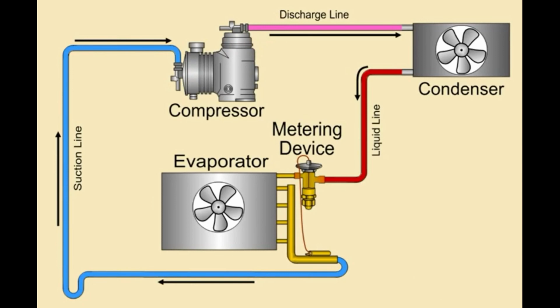Back in the day, when air conditioners were coming out, they had what was called a cap tube system. So I want you to take a look at where the metering device is and think of 4 or 5 tubes, just depending on the size, the tonnage of your system. Some had 4, 5, 6 cap tubes that actually metered the refrigerant.